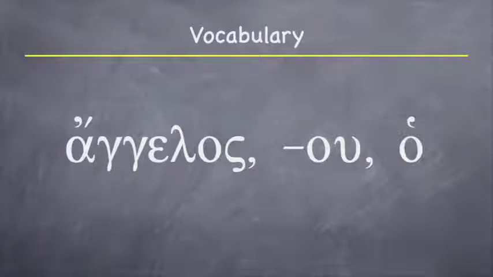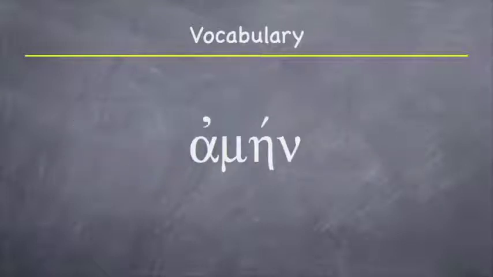Angelos. Angelos. And I know the breathing mark and the ending might be confusing, but just ignore that for the time being. I'll talk about it in a later chapter. Angelos means angel, messenger. Amen. Amen means verily, truly, amen, so let it be.